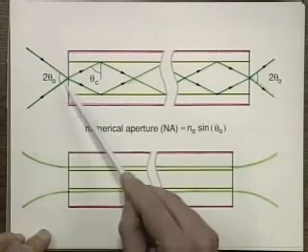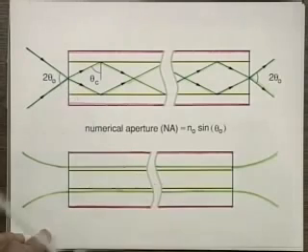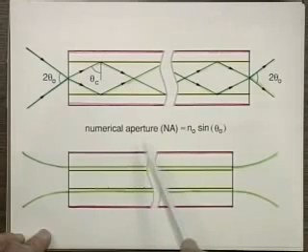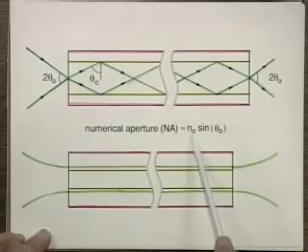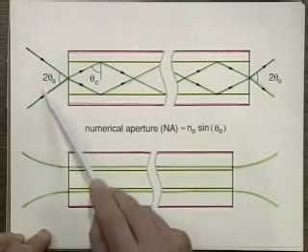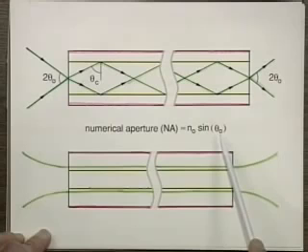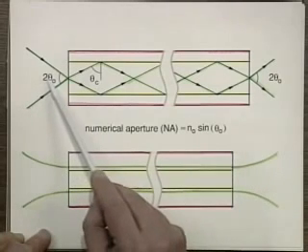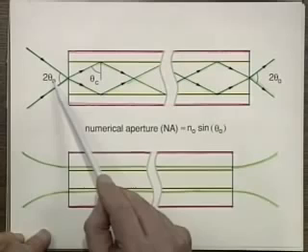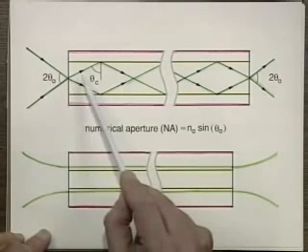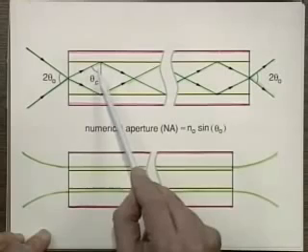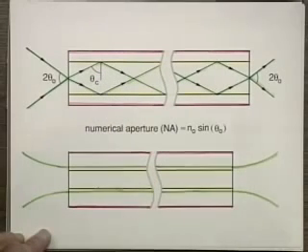Now, for the light that is within this cone, and by the way, this cone is referred to as the numerical aperture, NA, for the fiber, and NA is basically n0, the refractive index of air or vacuum outside, times sine theta 0. And theta 0 is half this angle here, which is determined by the index difference and so on, to get the angle here to be bigger than the critical angle.